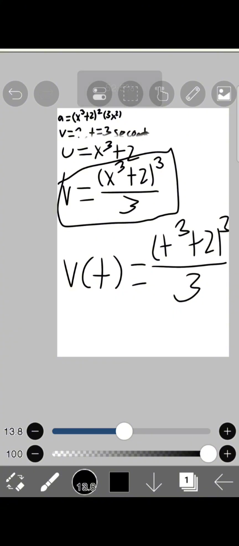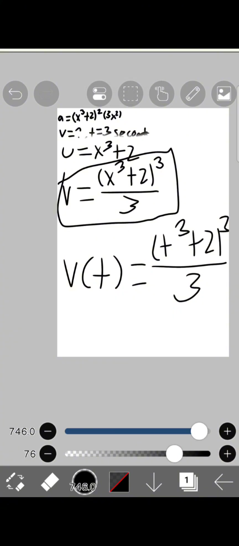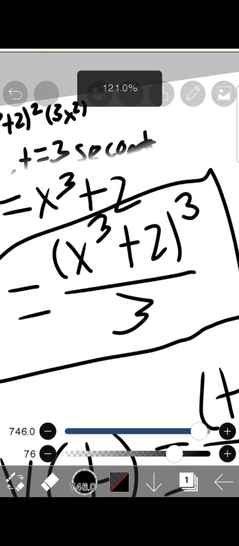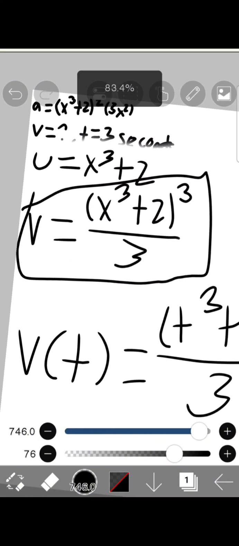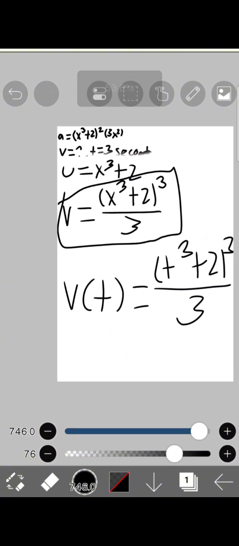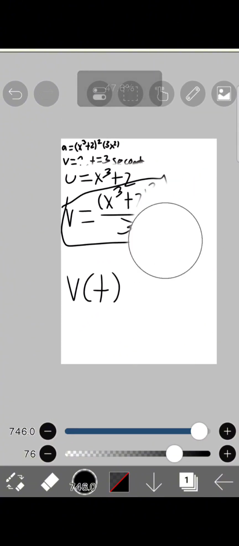Alright, so now we have a much clearer picture of what we're dealing with. It says here we need to evaluate this at t equals 3. So after 3 seconds, we need to find its velocity.